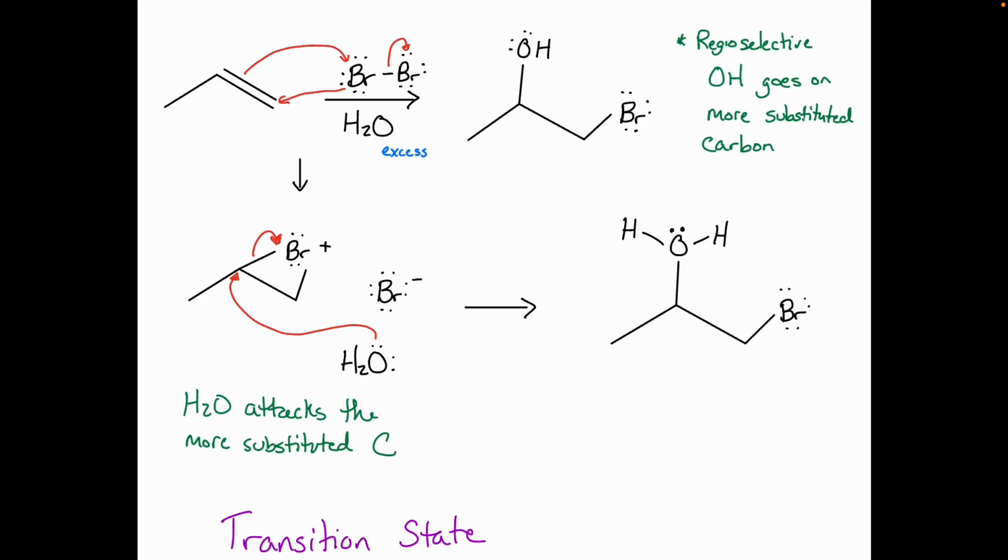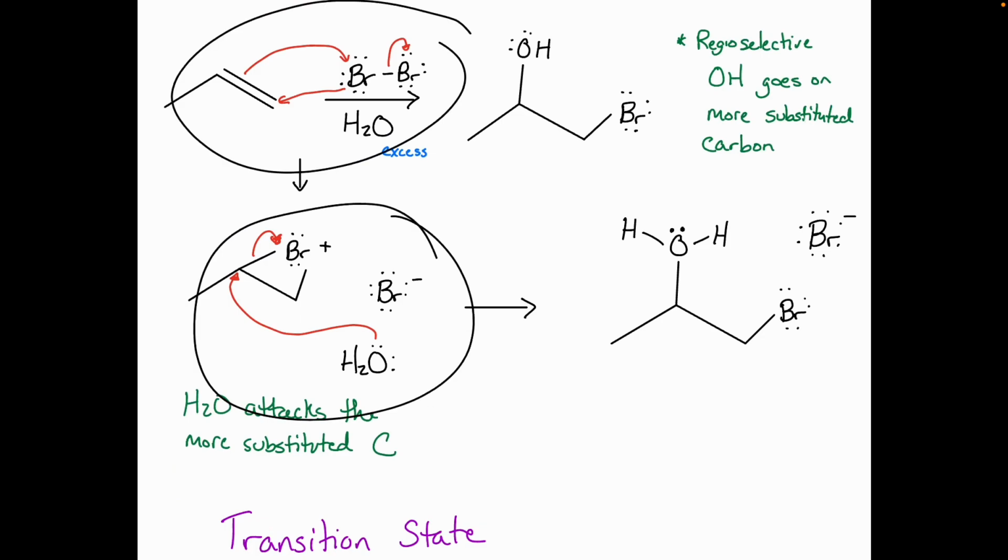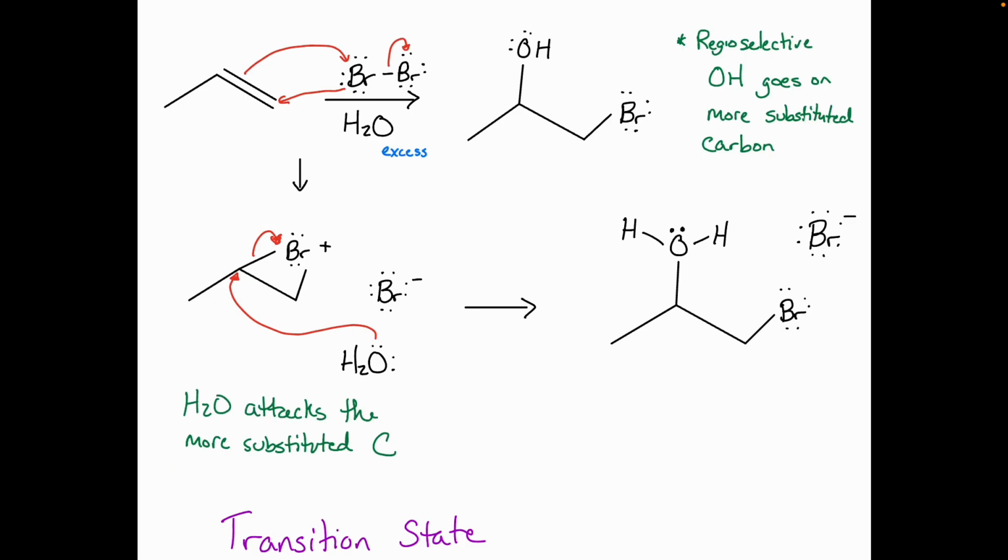My bromide ion is still floating around. What's missing from this step here? The positive charge, right? My net charge has been neutral all along, so I'm missing that positive charge on the water.